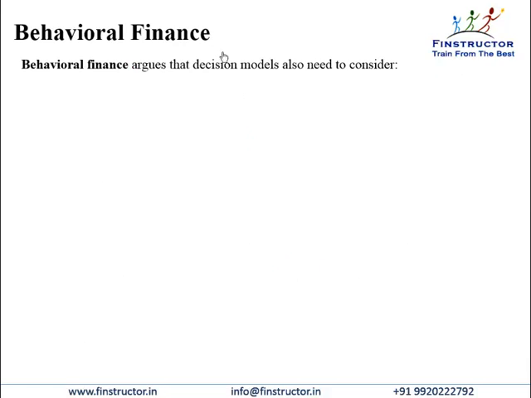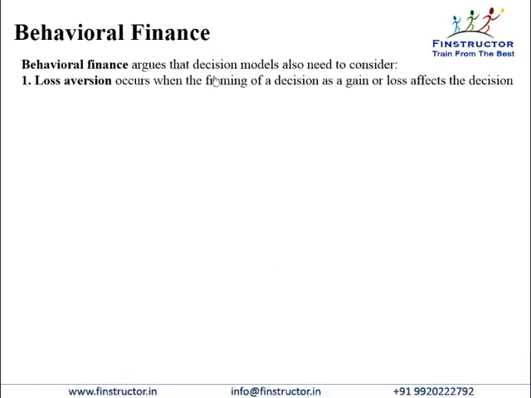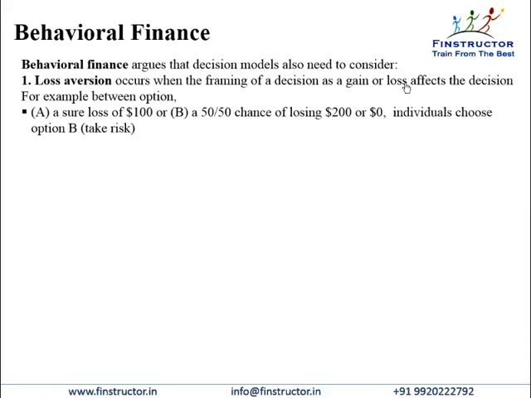Behavioral finance, on the other hand, argues that decision models need to also consider certain behavioral biases, for example, loss aversion. That is, how the information is presented and whether the decision is framed as a gain or a loss also affects the decision.